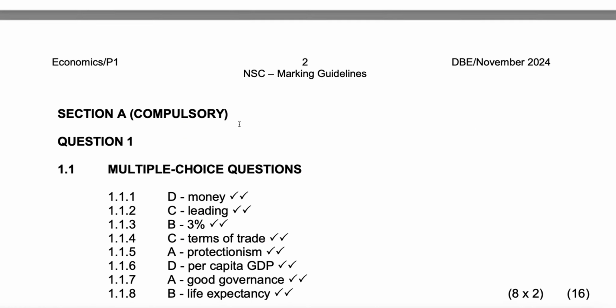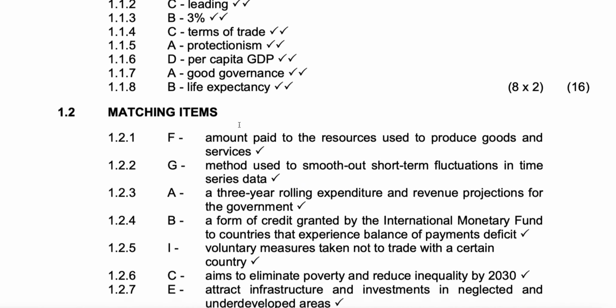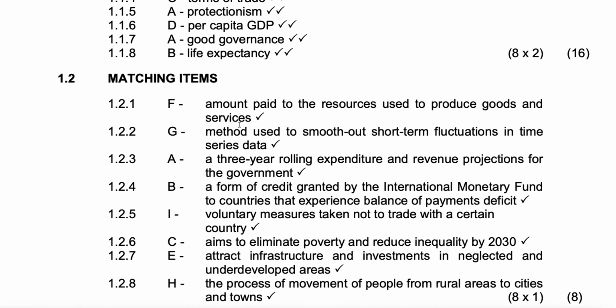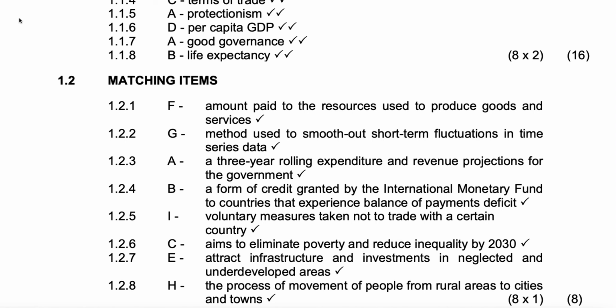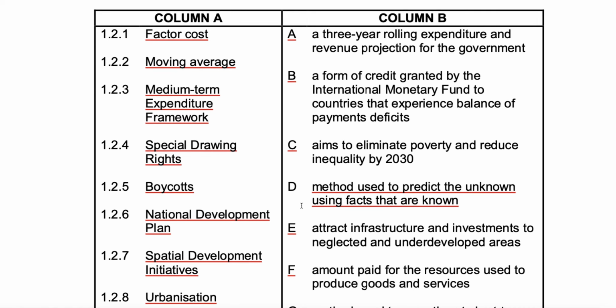Let's go to our memo. When we look at our memo, we are going to see that we got it right. So we have FGA. Let's see. 1 is F. 2 is G. And then 3 is F. Correct. Let me see.